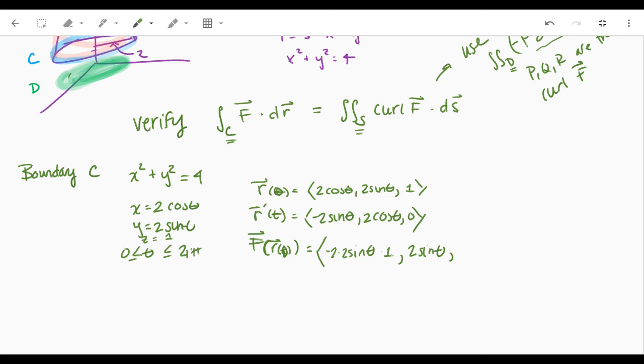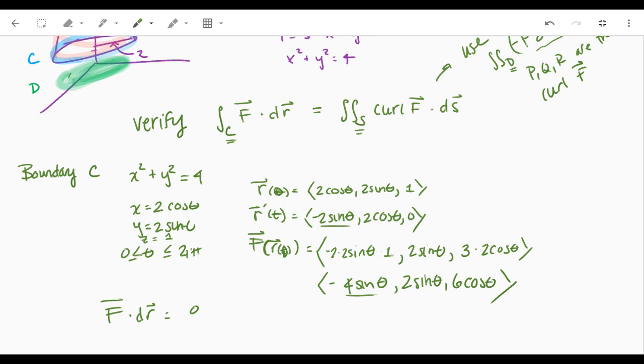And then 3x, so 3 times 2 cosine theta. Okay, so that would be negative 4 sine theta, 2 sine theta, and then 6 cosine theta. Okay, so then F dot dr would be 8 sine squared theta plus 4 cosine theta sine theta plus 0.